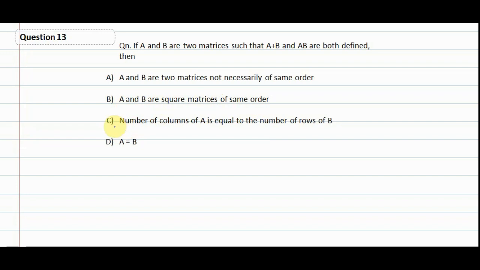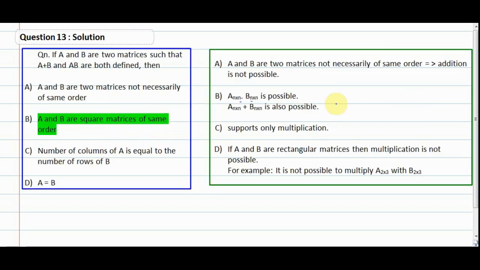Option C says number of columns of A is equal to the number of rows of B. And option D says A equal to B. You may pause the video and try to solve this by yourself. If you have the answer with you, you may check it. Here the right answer is option B, A and B are square matrices of same order.